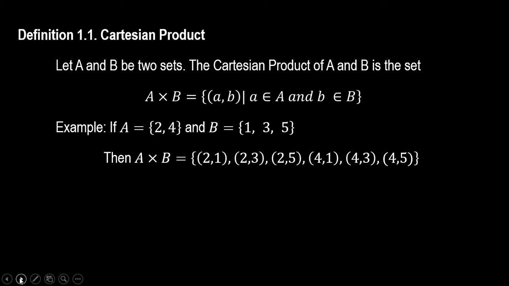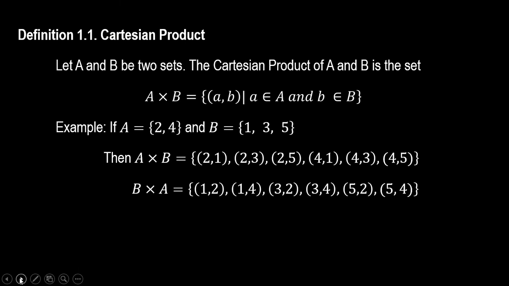And also, let's identify the Cartesian product of B and A. The ordered pairs are (1, 2), (1, 4), (3, 2), (3, 4), (5, 2), and (5, 4).